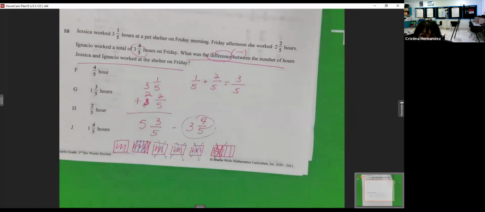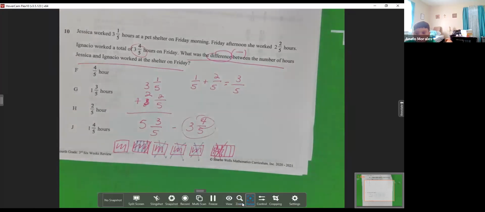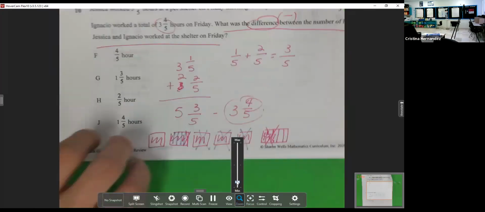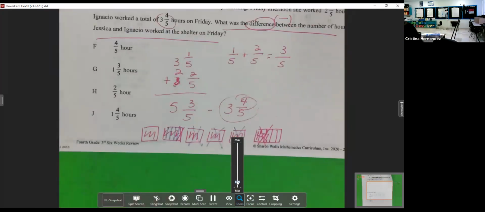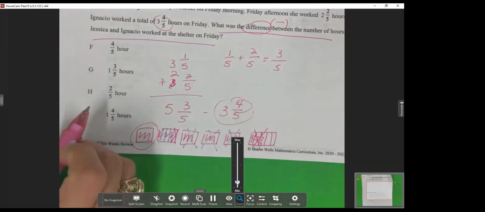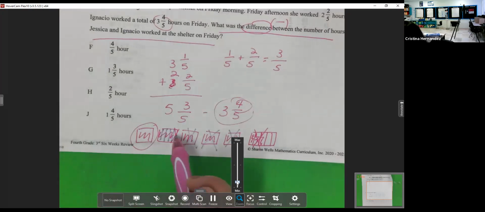Let me zoom in. Otherwise, it's going to be really hard for you to tell what I got. So I go up to 20 and then I come back. Stop, I'm not at 20 yet, but 15. So what do we have left here? We have how many holes? 2. I got rid of one here.